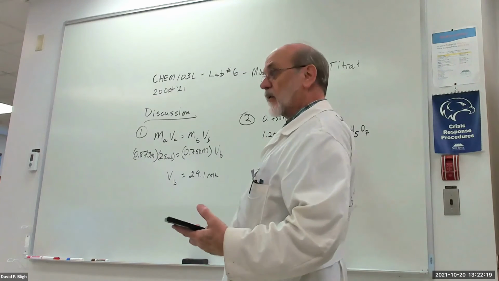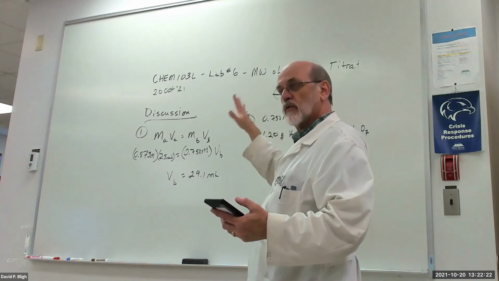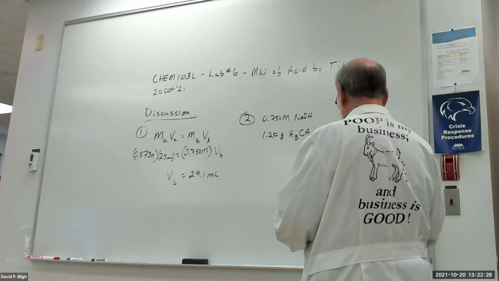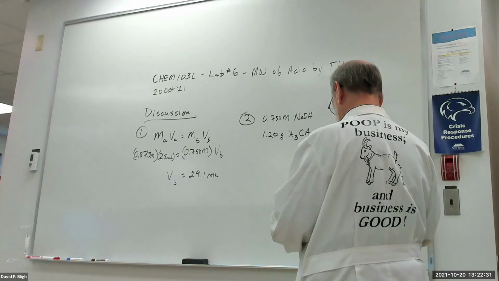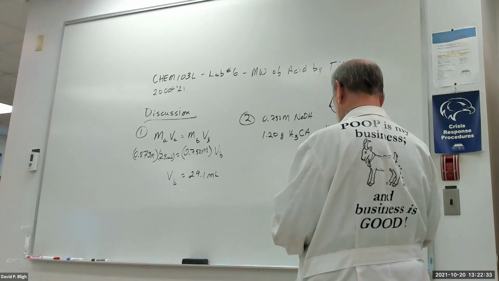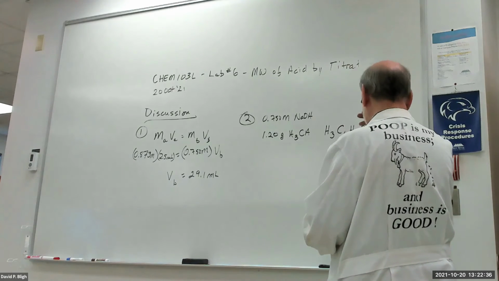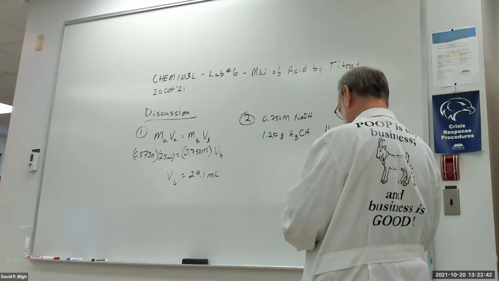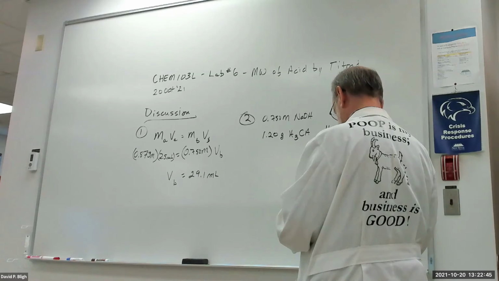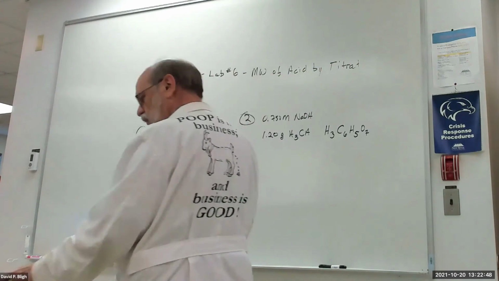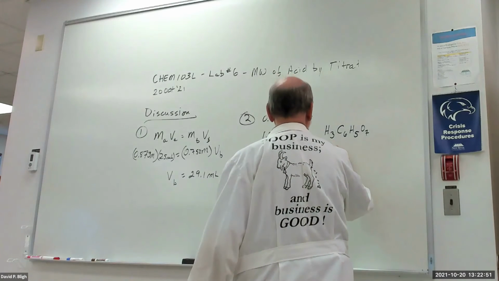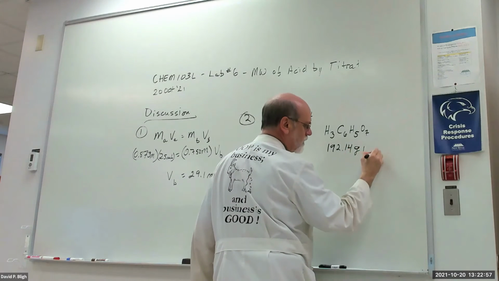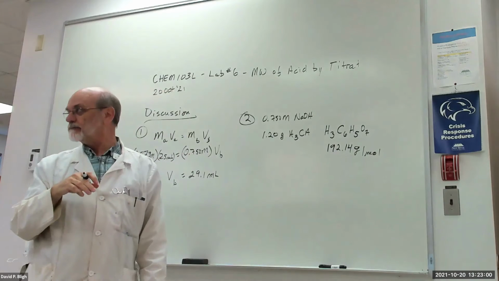And that would be your accepted value that you compare to the one you determined in class. So 3.03 for hydrogens, 6 times 12.01 for carbons, another 5.05 for the other hydrogens, and then 7 times 16. 192.14 grams per mole. That's your accepted value.